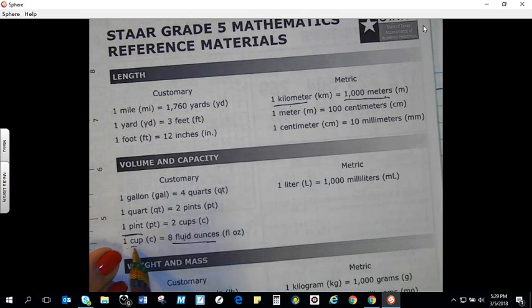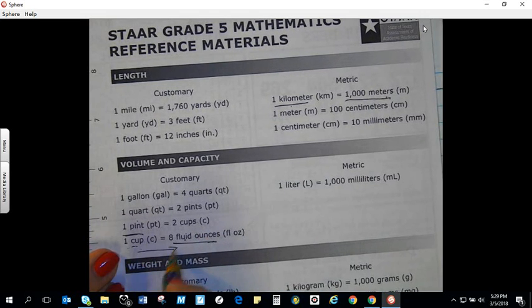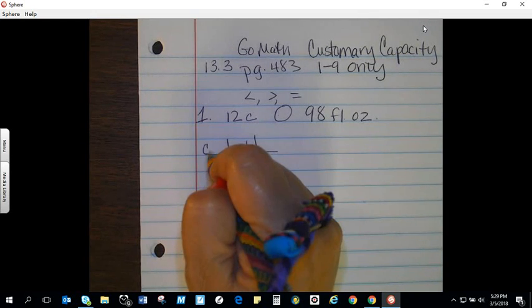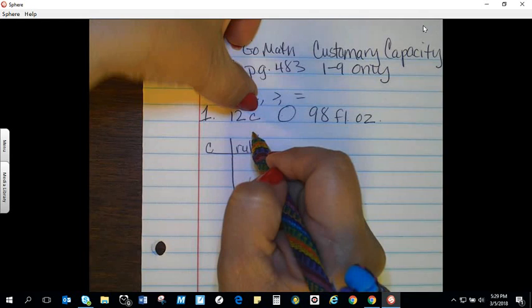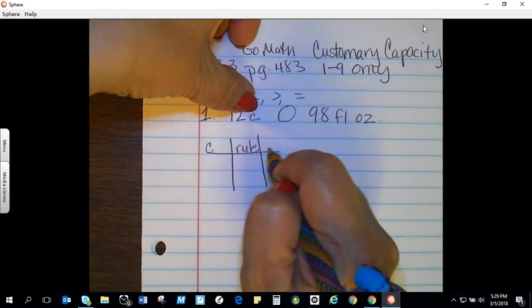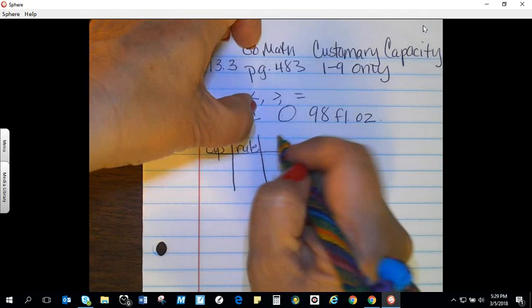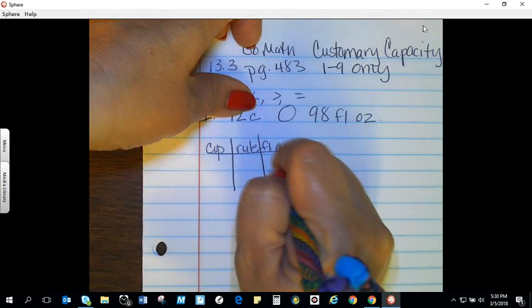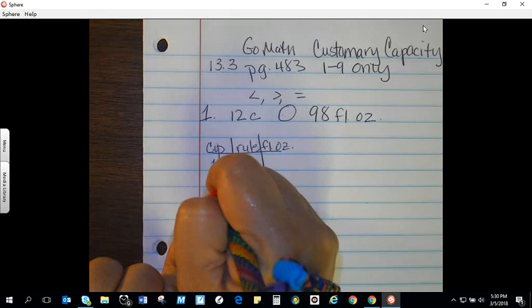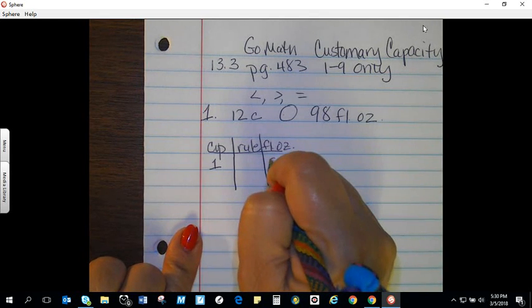I know that there's going to be 1 cup to 8 fluid ounces, and I'm going this way. So I'm going from cups to fluid ounces. So I know that for every 1 cup, there's 8 fluid ounces.